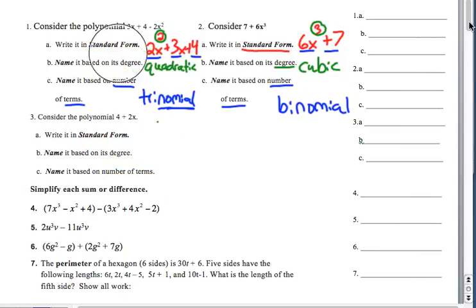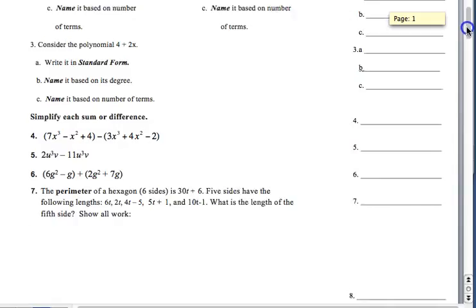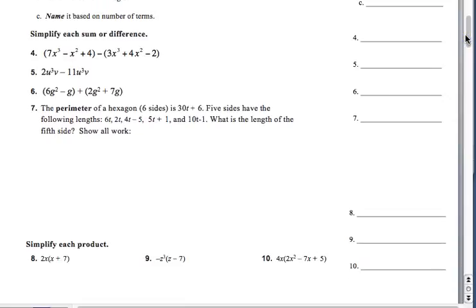Looking to our next section, our next section is about simplifying by adding or subtracting, so sum or difference. The key thing to know here is you're going to add or subtract the coefficients.